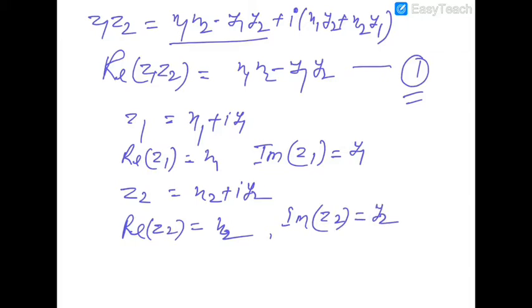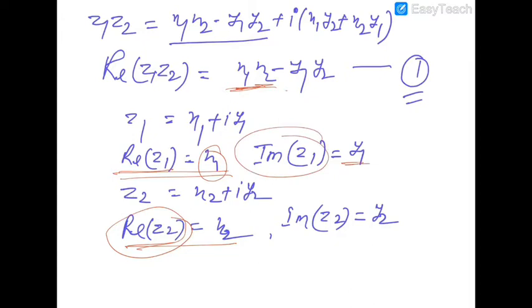Now what to do is change this a little bit. You see this part and this part. In place of x1 we put real z1, in place of x2 real z2, then y1 is imaginary z1 and y2 is imaginary z2.